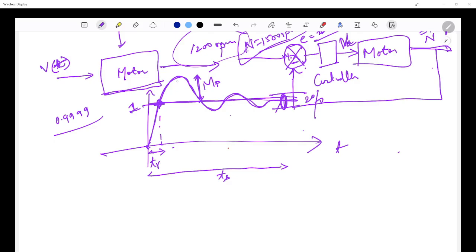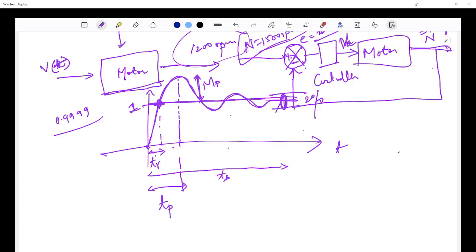At what point of time this peak appeared? That is called peak time. This particular time is peak time. So these are the performance indicators of a second order system.